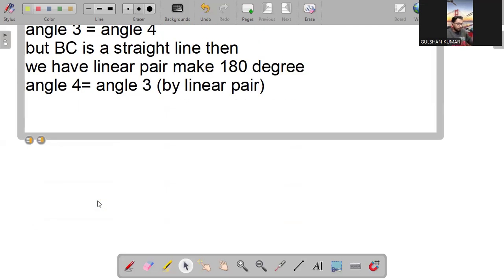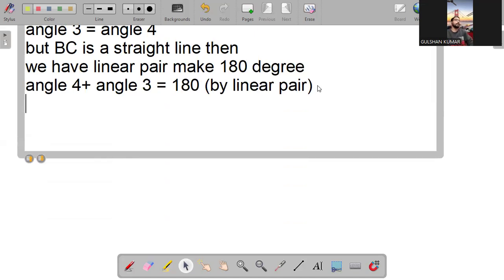Angle 3 plus angle 4 equals 180 degrees by linear pair.